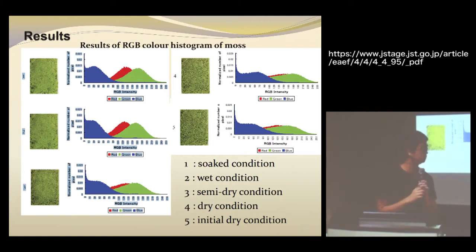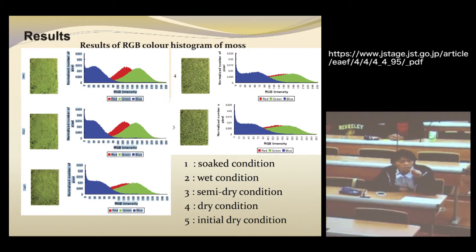Between the most soaked one and the most dried one, it seems like only the red intensity has a difference. There is also the distribution of the blue and the green, which seems not very different between the soaked and the dry. Only the red shows the difference.